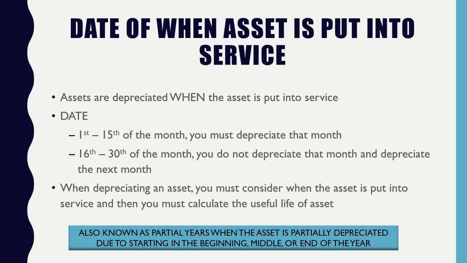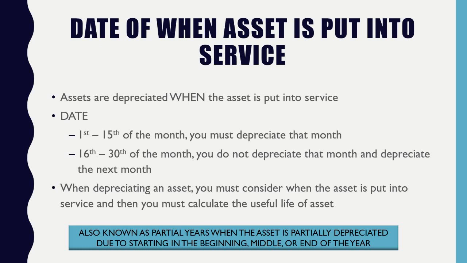Okay, so the next component is the date when the asset is placed into service. As we mentioned before, the most important thing is to make sure the cost of the asset includes everything to get the asset ready for service. The day that we place it into service is very important because it determines whether we depreciate for this month or not.